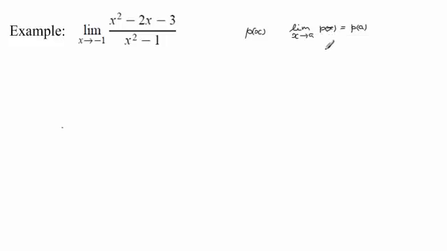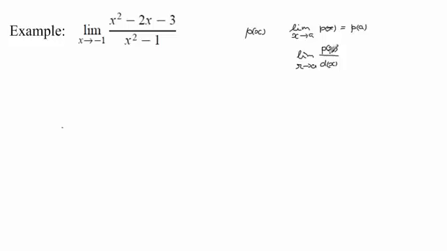Knowing that, also if we've got a rational expression, let's say the ratio of two polynomials, p of x over d of x, and we're calculating the limit of this ratio as x is going to a.